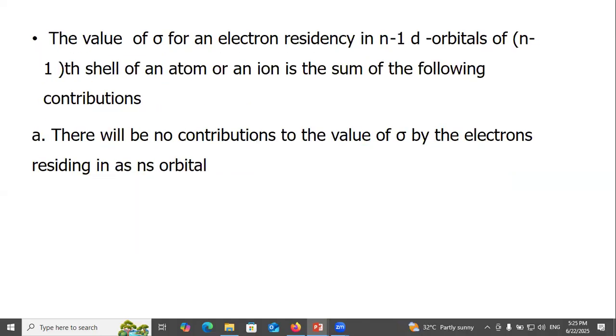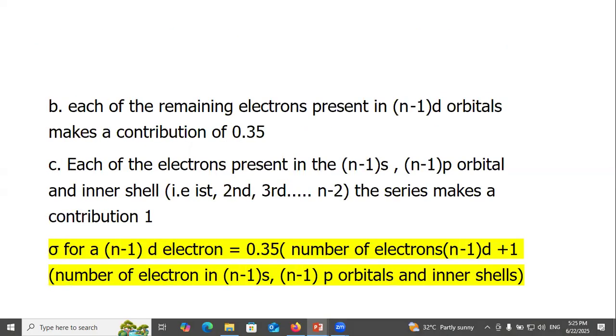The value of sigma for an electron residing in n minus 1 d orbitals of an atom or ion is the sum of the following contributions. There is no contribution to the value of sigma from electrons residing in the ns orbital. Each of the electrons present in the n minus 1 d orbitals makes a contribution of 0.35.